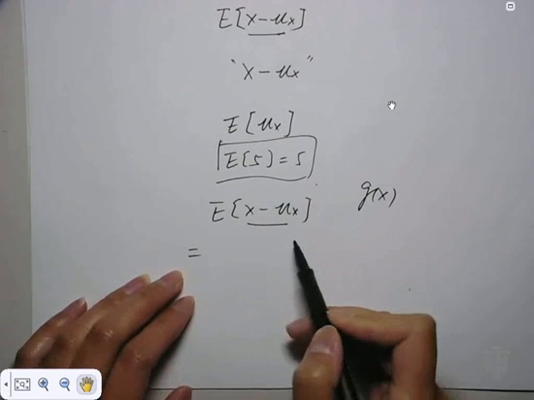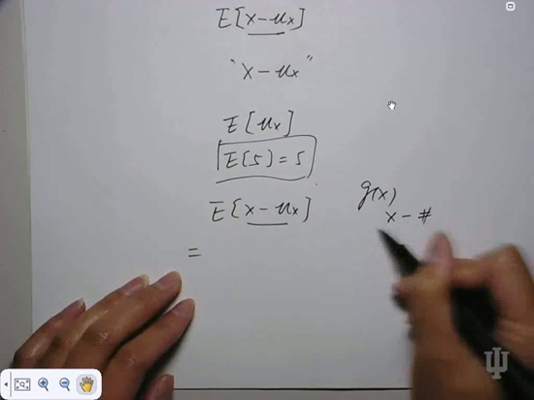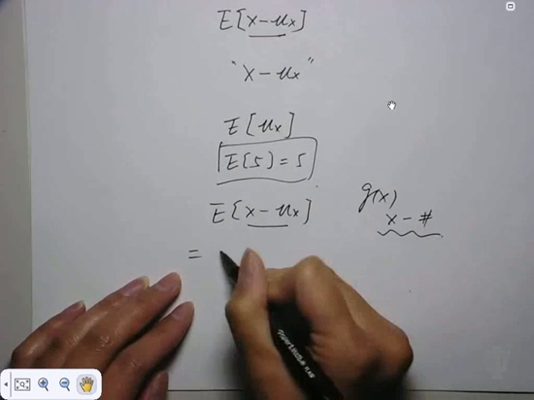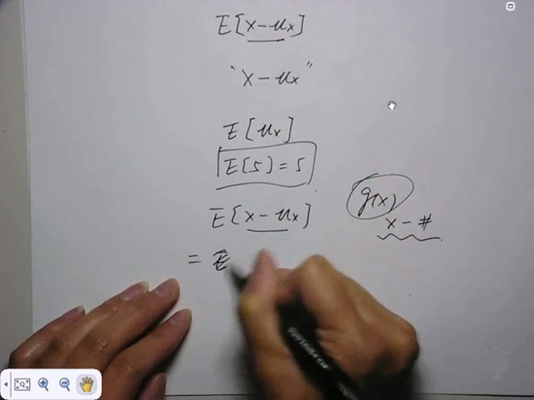This is the function of x. It's like x minus a number, right? So, the expected value of this.